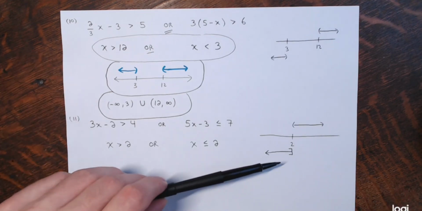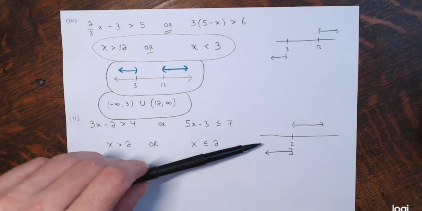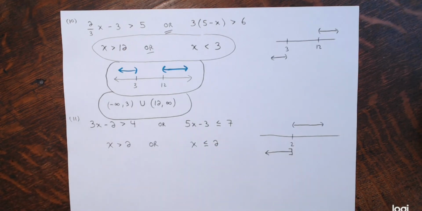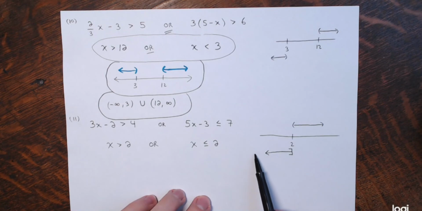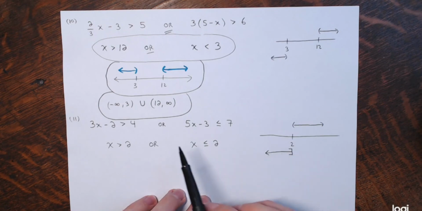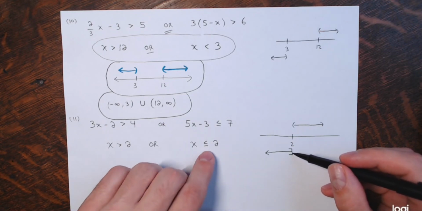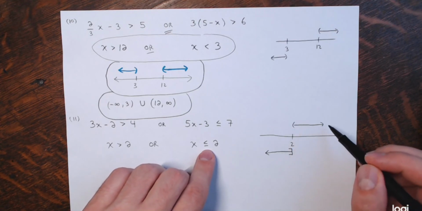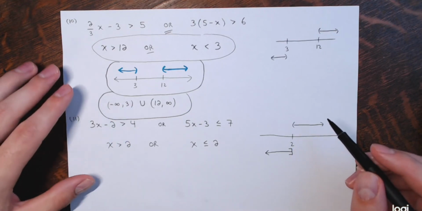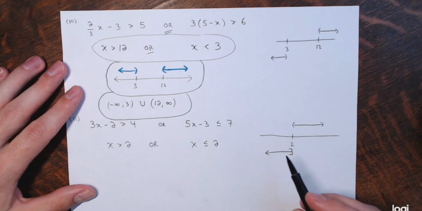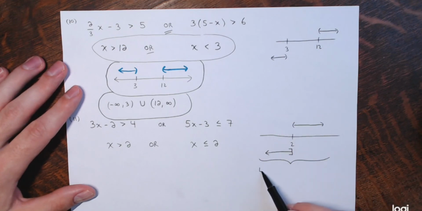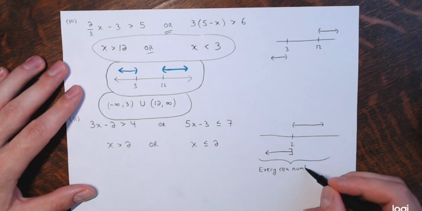So if you put those together, that's every single number, right? All the numbers less than 2 are going to be considered solutions of the compound inequality because they satisfy the second inequality. 2 itself is a solution because it satisfies the second inequality, and everything greater than 2 is a solution because it satisfies the first inequality. So what I'm seeing here is that every real number is a solution of this compound inequality.